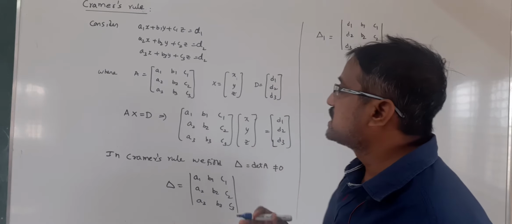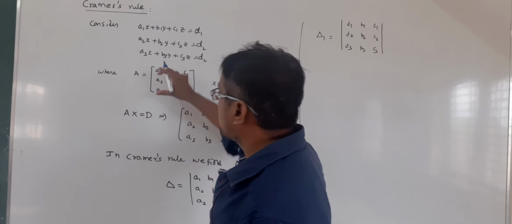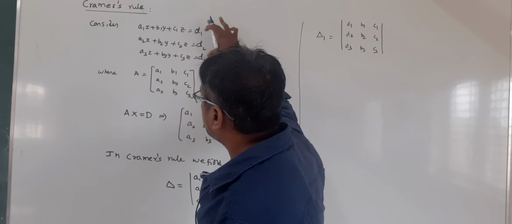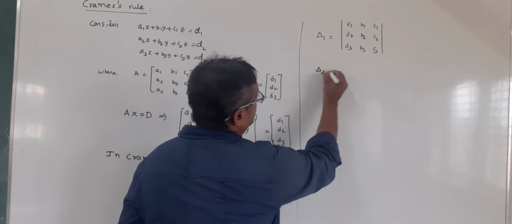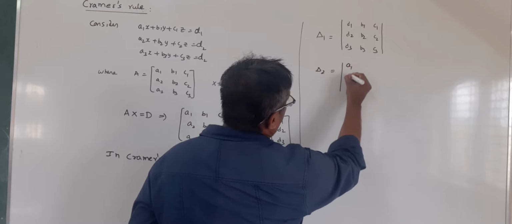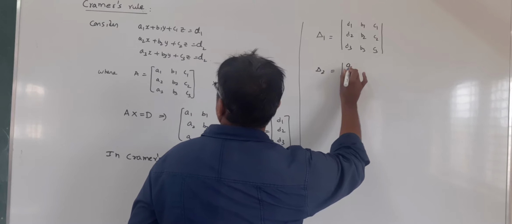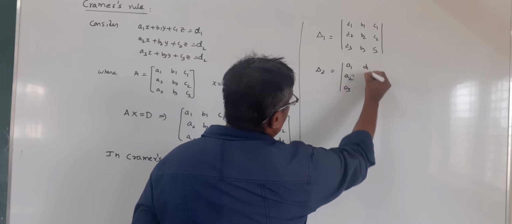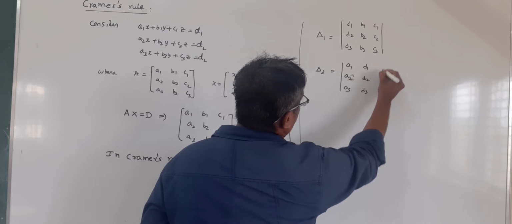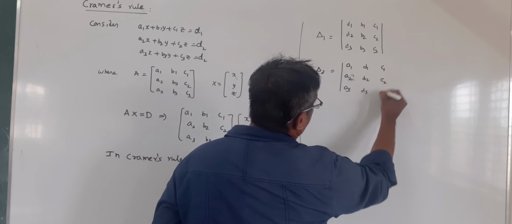That is delta 1. And delta 2 will be a1, a2, a3, d1, d2, d3, c1, c2, c3.